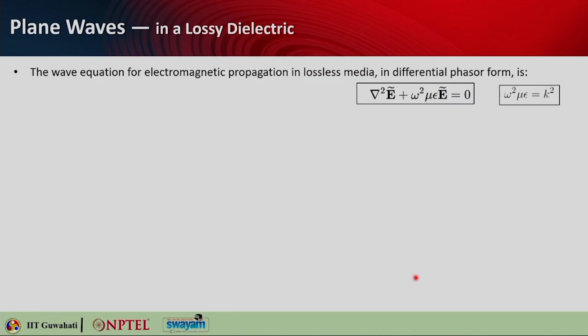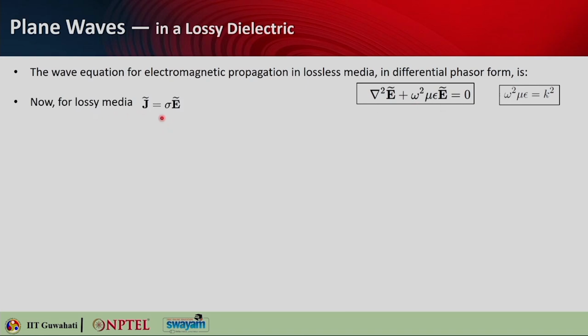Once you do that, you will have some changes in the wave equation. The wave equation for electromagnetic propagation in lossless media we have seen: del square E plus omega square mu epsilon E equals 0. You could have written this part as k square and we would have called this the Helmholtz equation. So that is all fine.